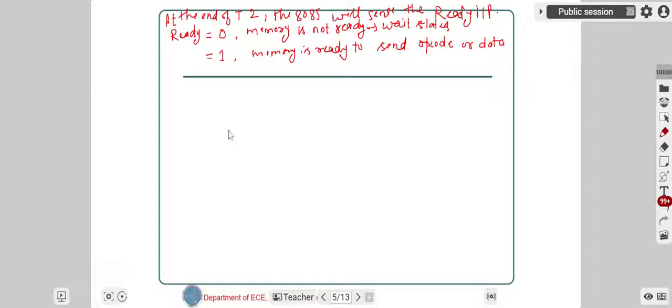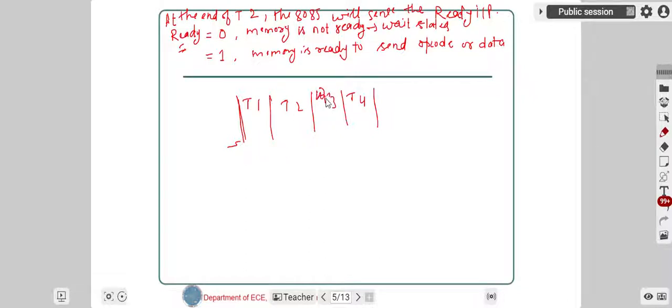So we have seen the T1 state, T2 state, T3 state, T4 state. And we have seen the clock signal, A8 to A15, AD0 to AD7, ALE, and all the signals here. But if at the end of T2 this ready input is not 1, then this T3 state would not happen.